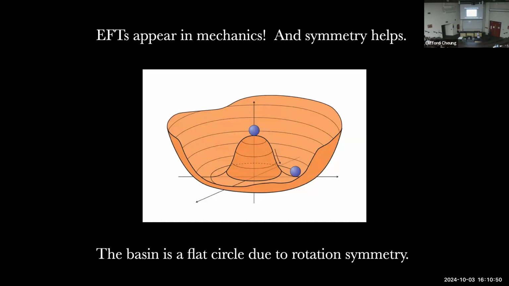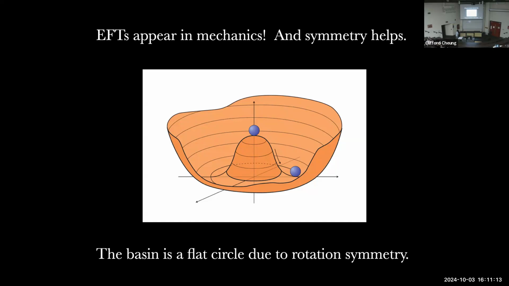But at low energies, it settles to the basin. At high energies, it has 2 degrees of freedom, an angle and a radial variable. But at low energies, it just settles onto this basin, which is a one-dimensional problem, just on a circle. So the way we'd say this is there's an effective field theory for this setup, which is just a one-dimensional particle on a circle. That's how it behaves at low energies.